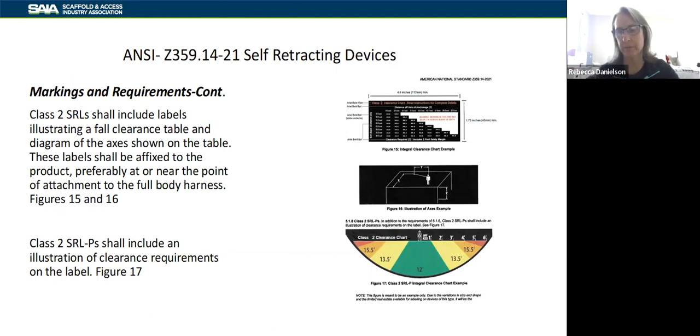Nobody's going to end up at the same spot because they're all counting their feet. Right. So they did a great job of laying out what the clearance is, what the swing is, and what the degrees is. So this all has to be within the manual and on the SRL.